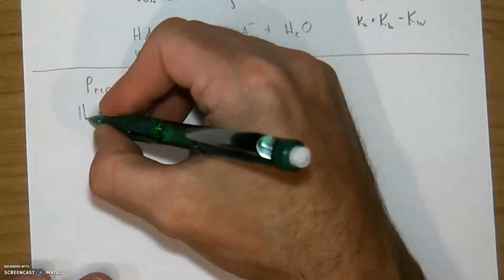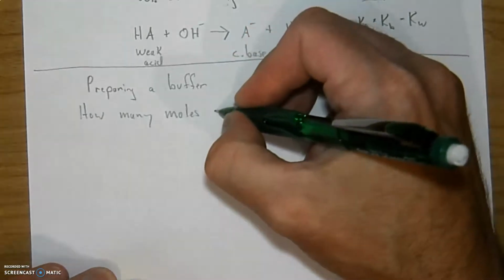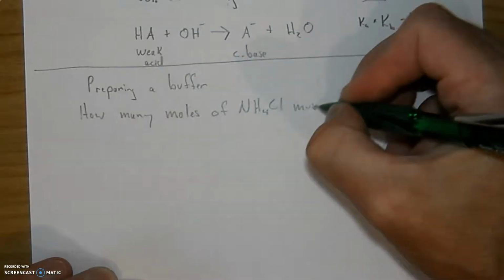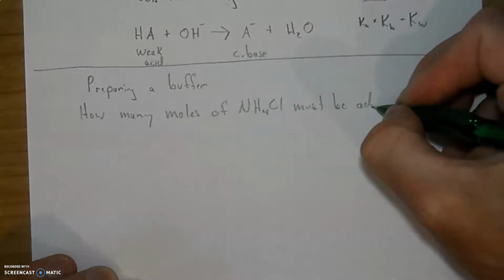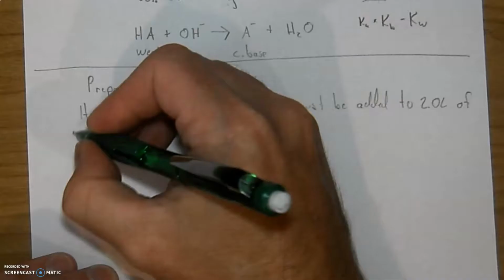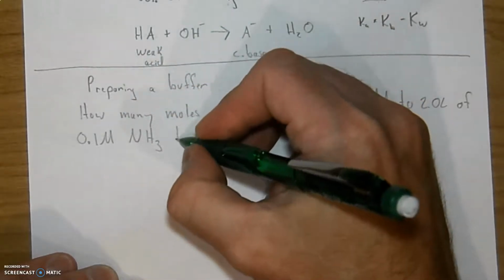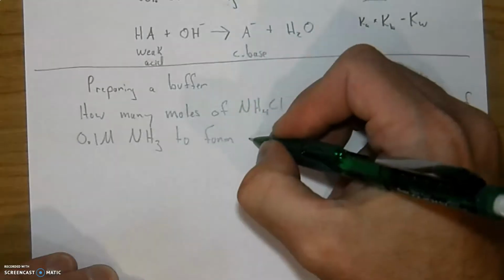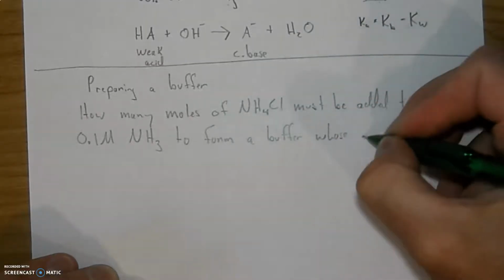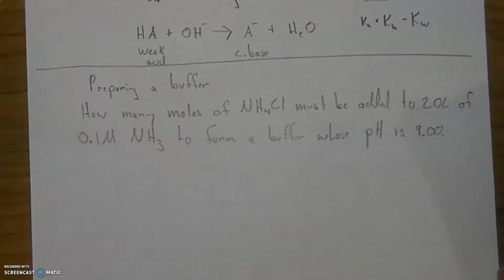The question is, how many moles of NH4Cl must be added to 2 liters of 0.1 molarity ammonia to form a buffer whose pH is 9.00?